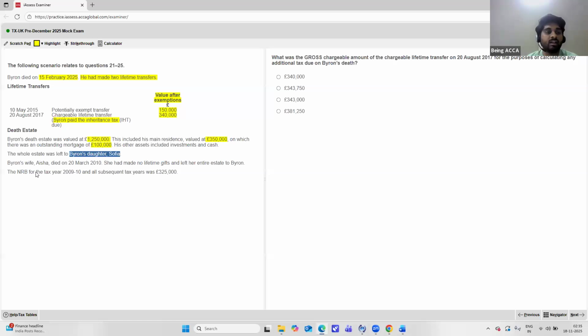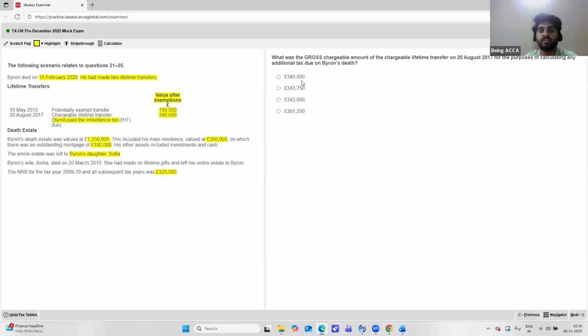Next, the nil rate band for the tax year 2009 to 10 and all subsequent years was 325,000. Because they have mentioned the nil rate band at the time of Aisha's death, this question will mostly involve the transfer of nil rate band to Brian on account of her death. These are the main points that you will have to remember.